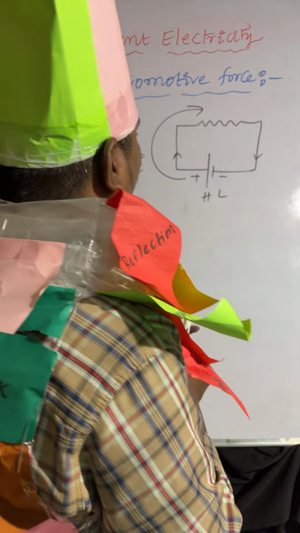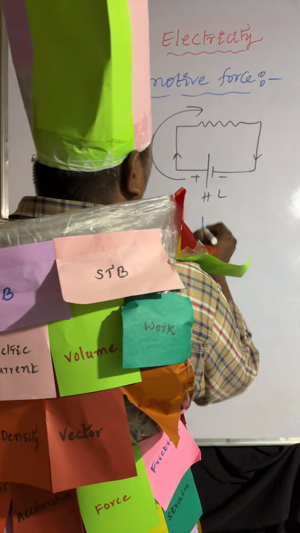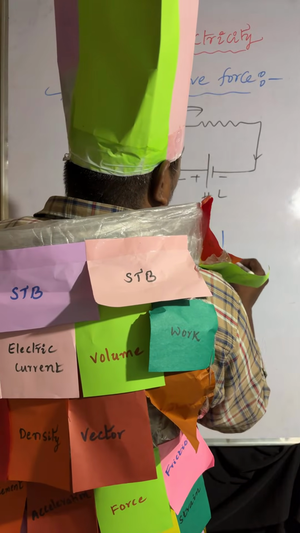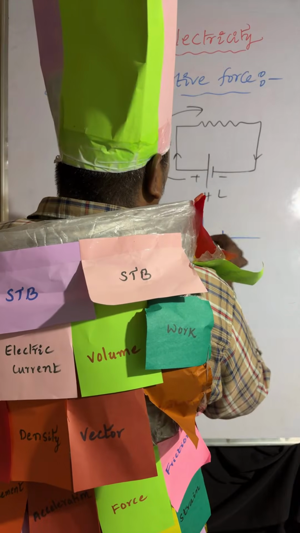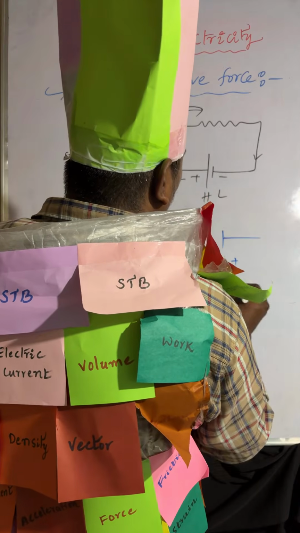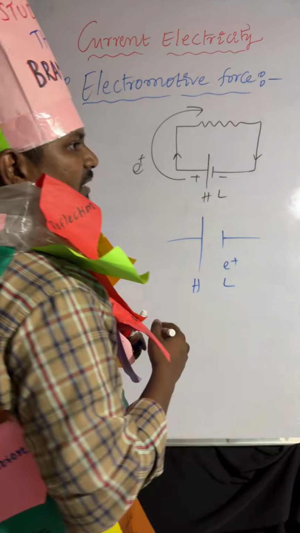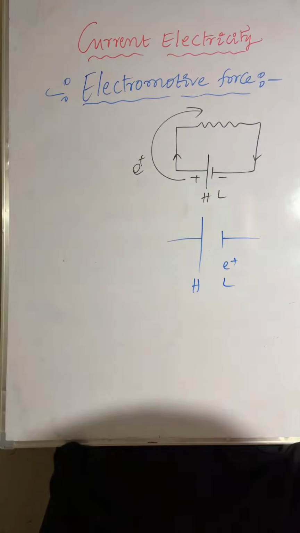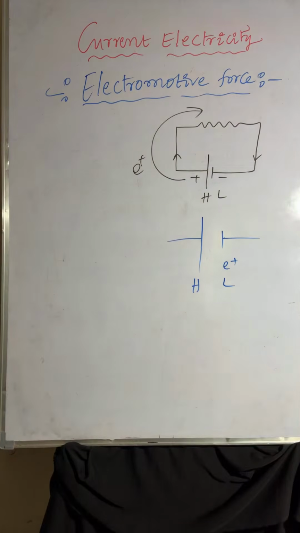When the positive charge is at the negative terminal, that is low potential, it must go to high potential. So inside the cell, work is done to bring the positive charge from lower potential to higher potential, from the negative terminal to the positive terminal.